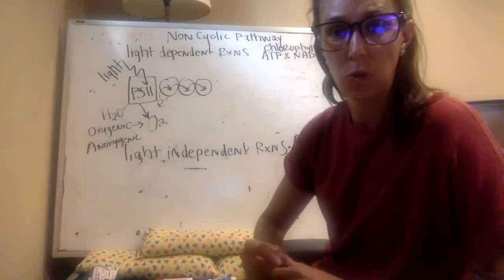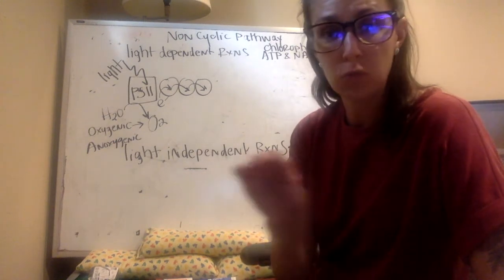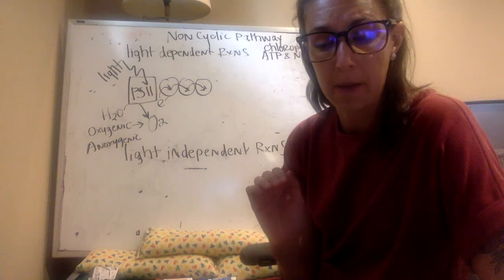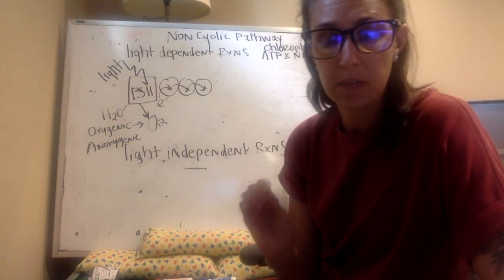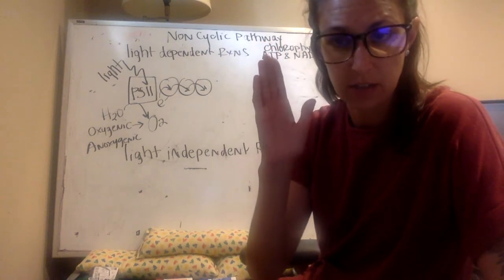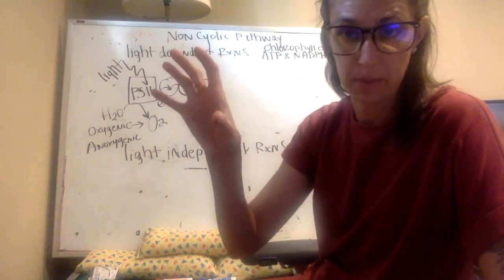This is going to fuel a chain of redox reactions. Those redox reactions will power ion pumps to actively pump hydrogen ions against their concentration gradient and create a nice concentration gradient outside of the cell membrane.